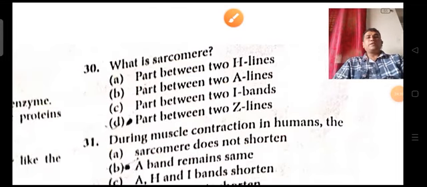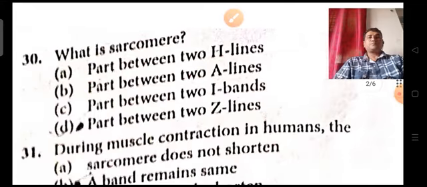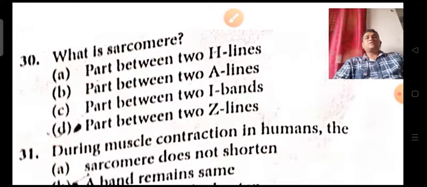Next, coming on to the next question. What is sarcomere? So sarcomere is a part: one half of the I band, adjacent to that the A band, followed by the next half of the I band.